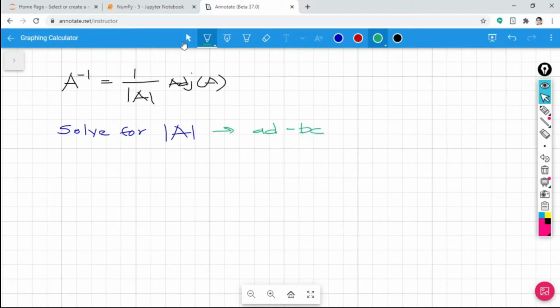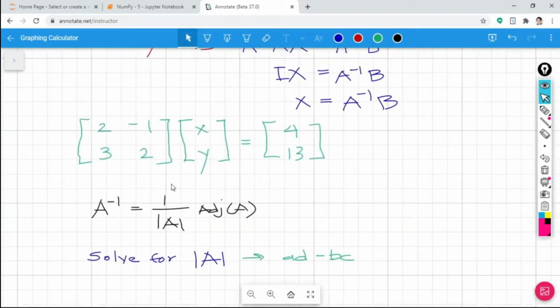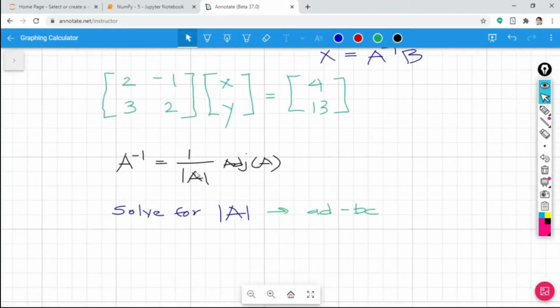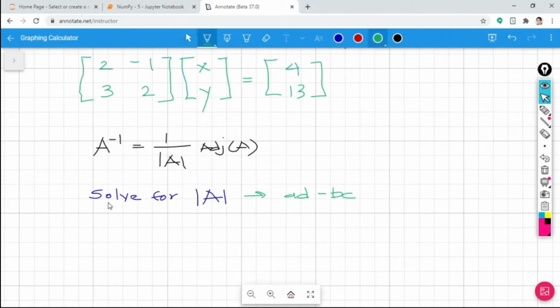If we have this specific matrix, let me rewrite again: 2, negative 1, 3, and 2. What will be the determinant of this? The determinant of this one will be equal to 2 times 2.